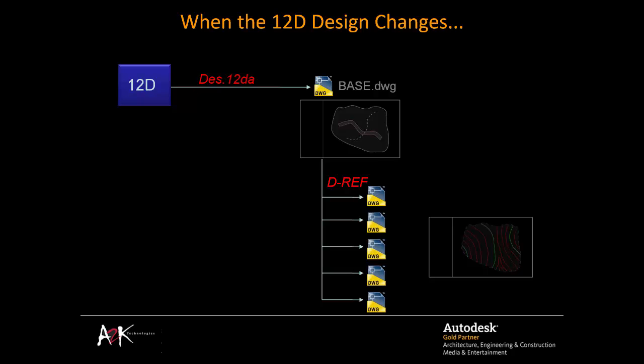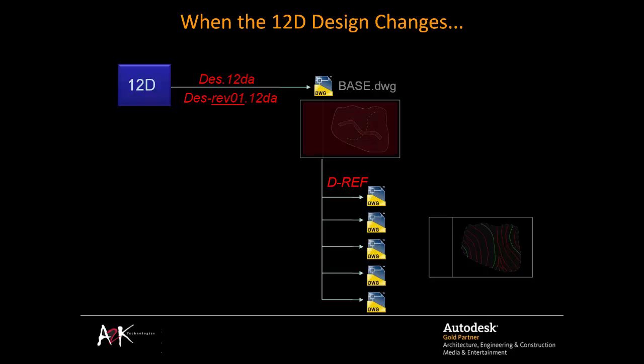Now, I'll do it twice, because I want to make sure people get this. So what we're looking at here is 12D on the top left exports a file called design.12D ASCII, which is then processed through a system. If a change happens, what you do is you export a new file, or you overwrite the previous file. So you export design rev01.12D ASCII.